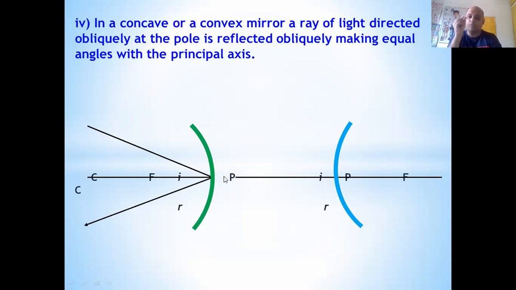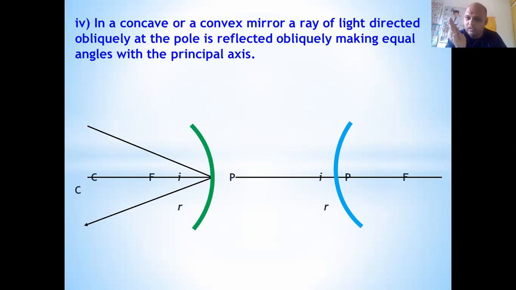So basically at the pole, the spherical mirror gets converted into what? When are the angle of incidence and angle of reflection the same? When it is formed on a flat plane, if it is a plane mirror.